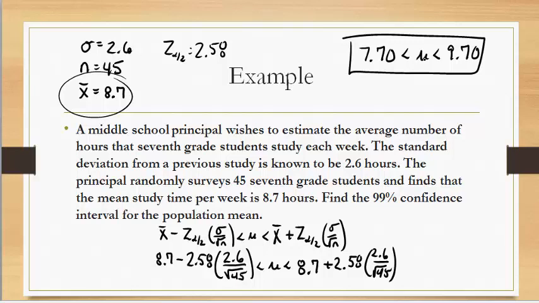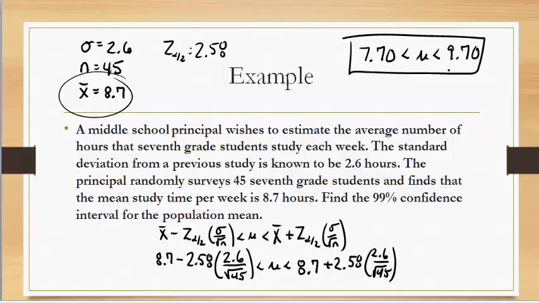But let's say, for the sake of argument, that we could take every 7th grade student in America and we could calculate their average number of hours that they study. So when I say that I'm 99% confident, what I'm saying is that I'm 99% sure that that average that I would calculate from all the 7th grade students is between 7.7 and 9.7.